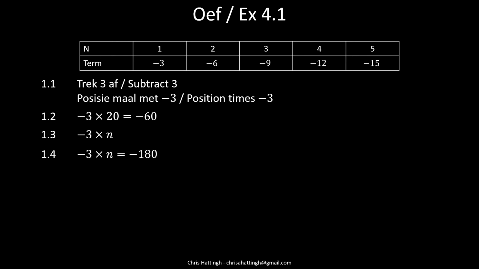In which position is minus 180 in the sequence? So you're going to take your formula of minus 3 times n and set it equal to minus 180. Because you're multiplying on the left, you're going to divide on the right. So you're going to say minus 180 divided by minus 3, and that will give you a position of 60.